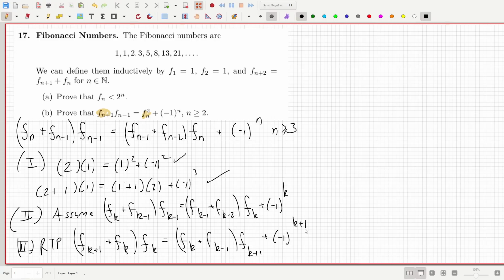So, I guess I could have cleaned up the original even more, because I could cancel Fn minus 1, Fn minus 1, Fn. So it doesn't matter.